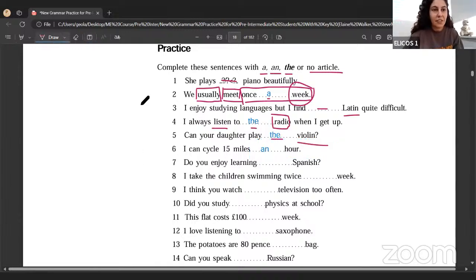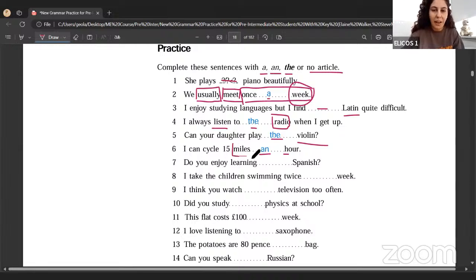6. I can cycle 15 miles an hour. Yes. Even though I forgot to mention before that this word does not start with A-E-I-O-U, it's a silent H, because hour is not pronounced with an h. So because it's a silent H, it does have to have an: an hour.